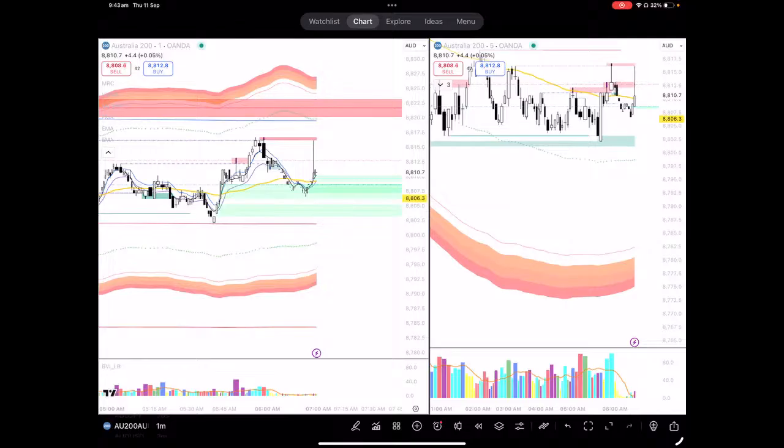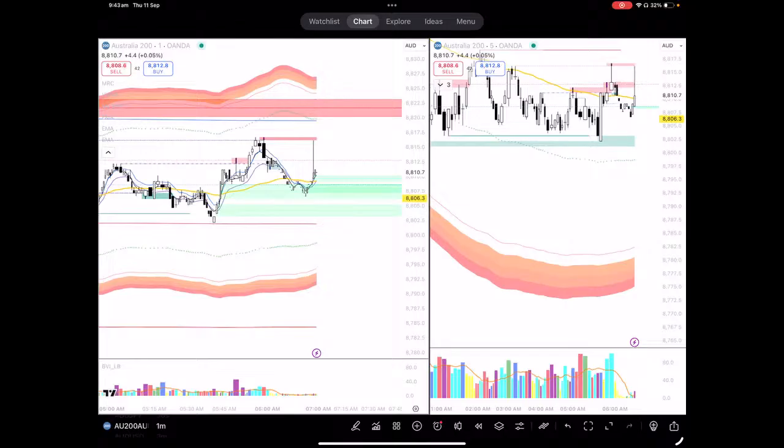This is the 14th day of my 30 days challenge of my account growth journey. I am using the same index, the same chart, or the instrument, as you could call it, to trade every day. The chart or the index that I'm using is Australia 200 index.